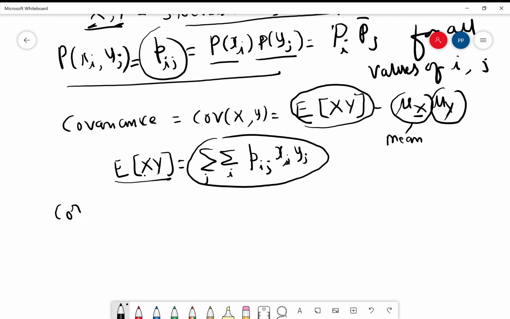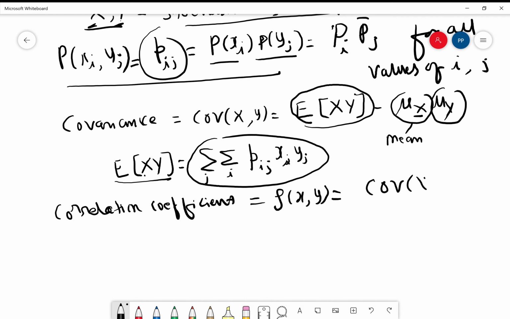The correlation coefficient, remember this notation, rho of x comma y, is the covariance of x comma y divided by the product of the standard deviations of x and y. Sigma x is the standard deviation of the x series, and sigma y is the standard deviation of the y series, or marginal distribution of y.